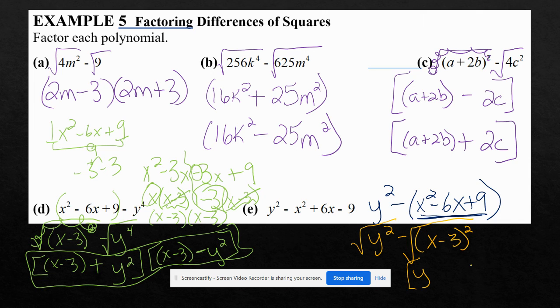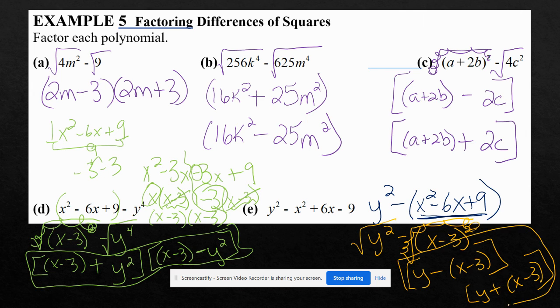The square root of (x minus 3) squared, remember these undo each other, is x minus 3. One's plus, one's minus. And so that would be factored form. Lots of fun in there.